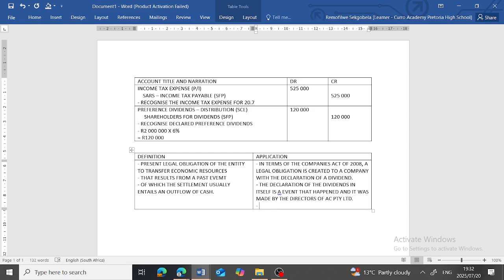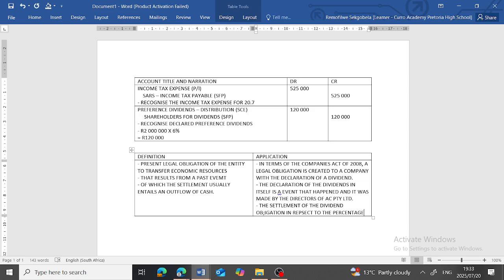And then lastly, the settlement of the dividend obligation in respect to the percentage, because we are dealing with preference shares. So with preference shares, there's percentages.